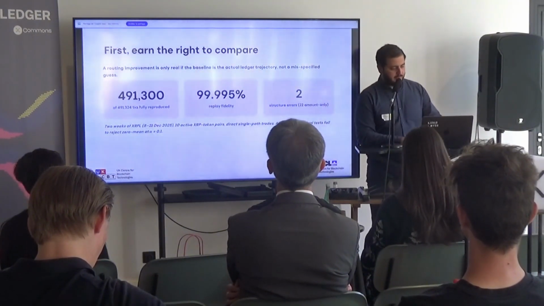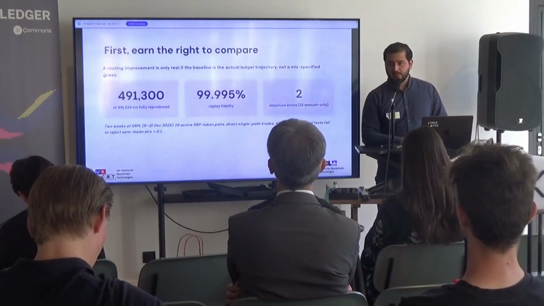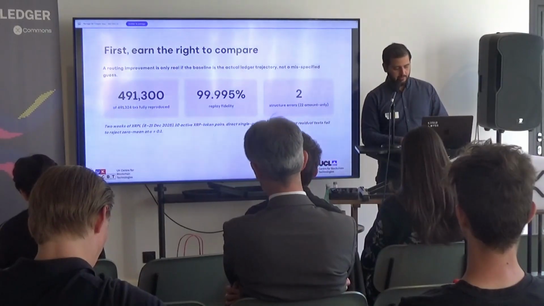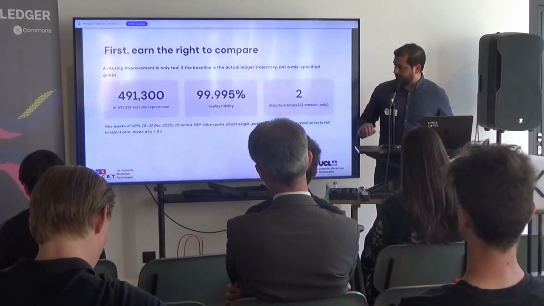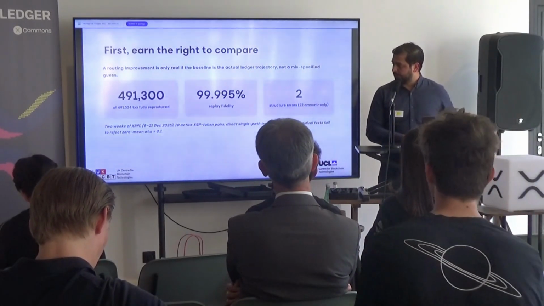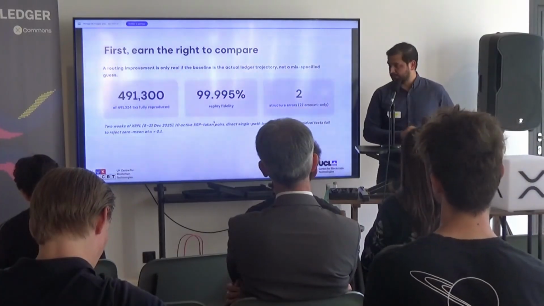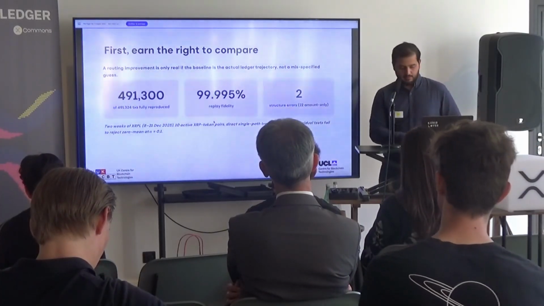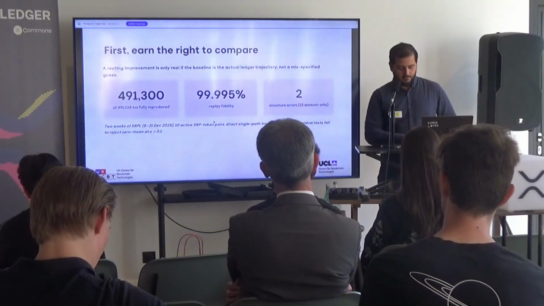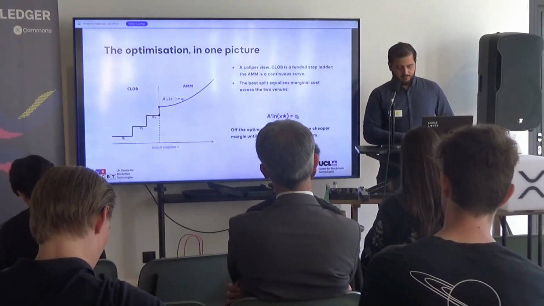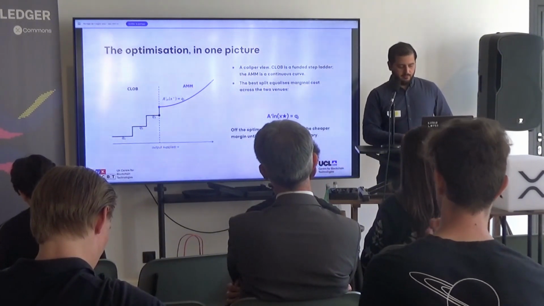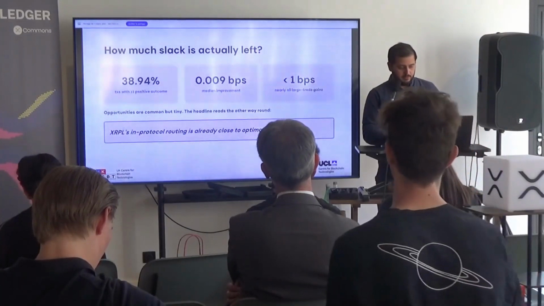So for this, this is the amount of transactions from real-time data that we use in order to do our testing. And we were able to find at least 99% of all of them and reproduce the path that they follow. And then, as I told before, it's pretty much an optimization problem that we're dealing with.